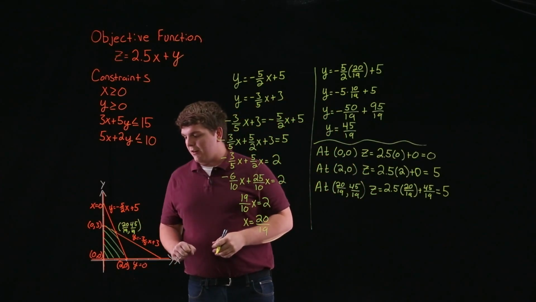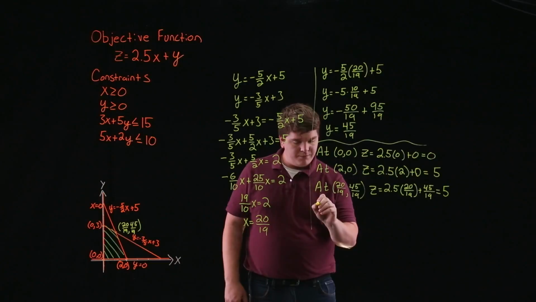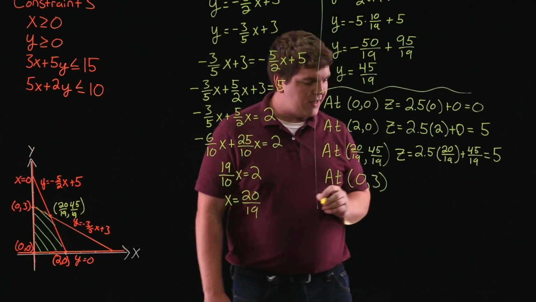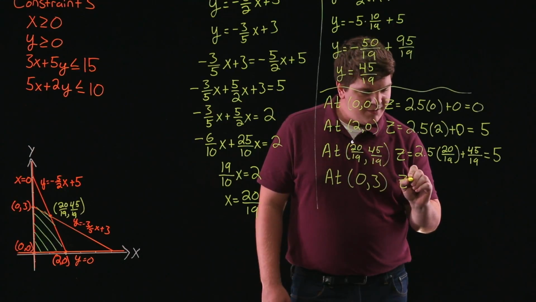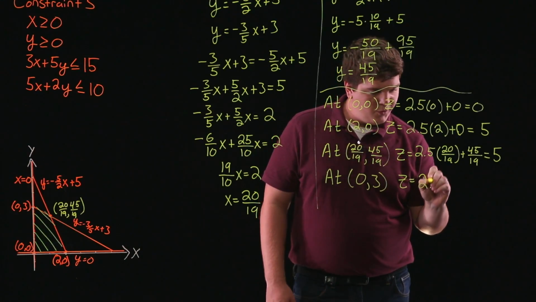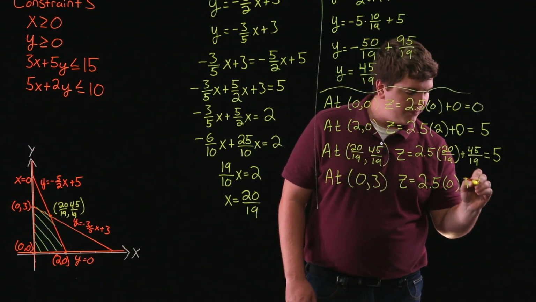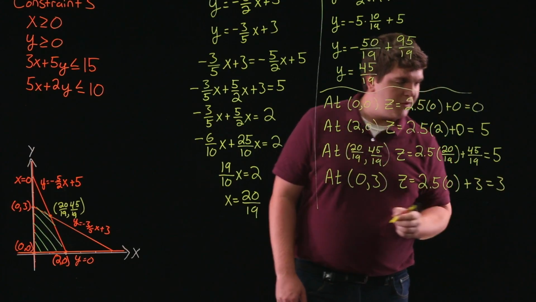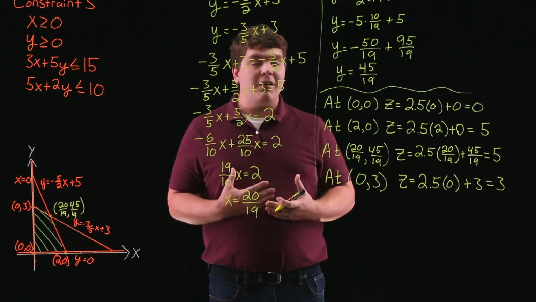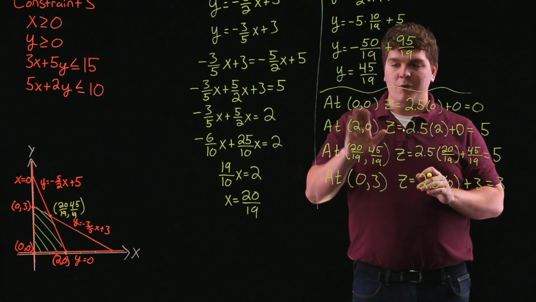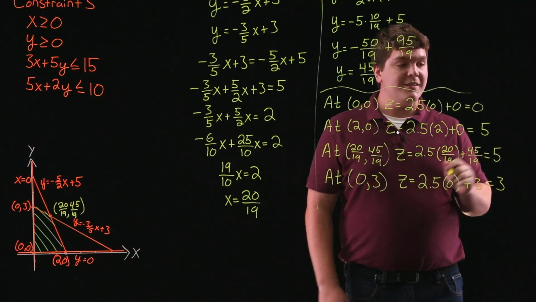And finally, let's check our last vertex, (0, 3). So at (0, 3), we have that z is equal to 2.5 times 0 plus 3, which is equal to 3. So just by looking at this, we see that our minimum occurs at the point (0, 0) and is 0.